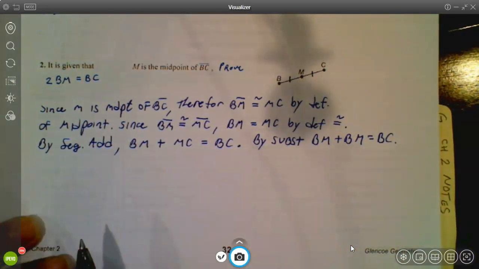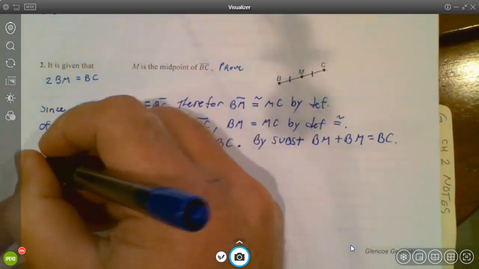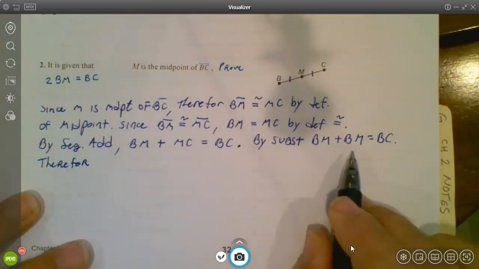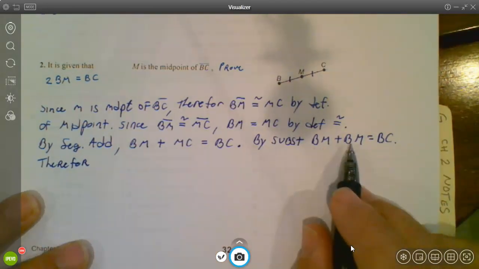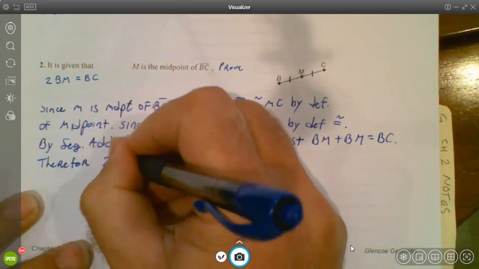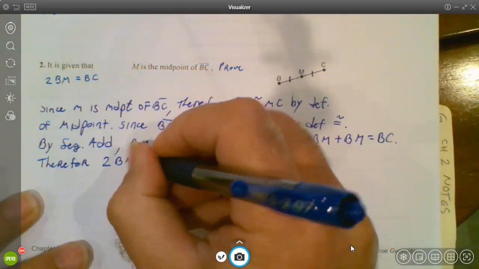So now let's conclude. So therefore, if I add those together, 1 BM plus 1 BM is 2 BM equals BC.